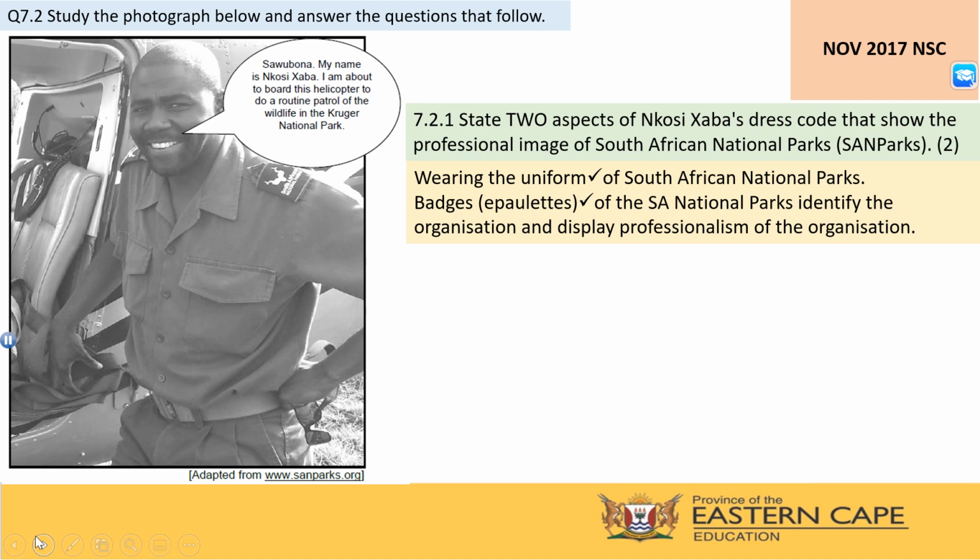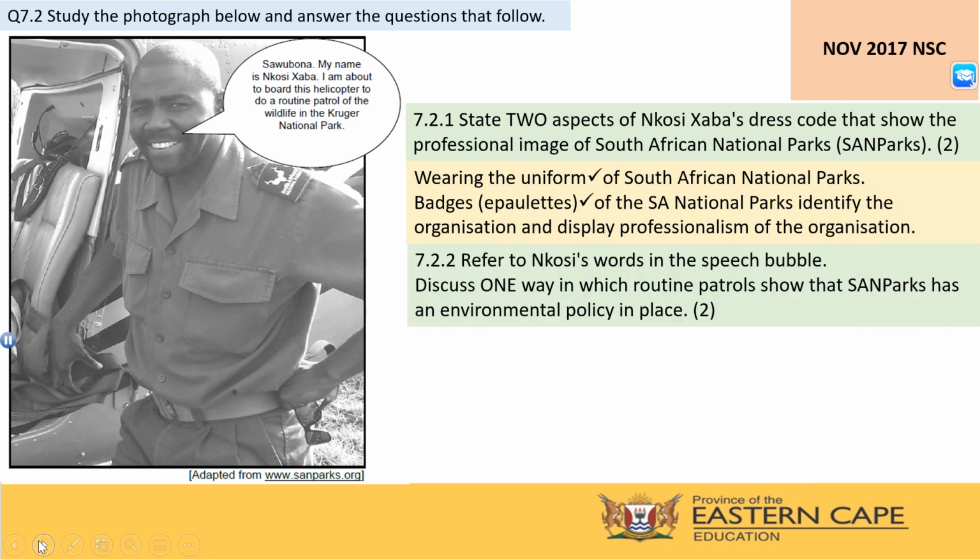He's wearing the uniform of South African National Parks. On his shoulder, he has a badge or an epaulet of the South African National Parks, which identifies the organization, and also in so doing displays professionalism of that organization. So those are only 2 of the accepted answers that could be given in that case.